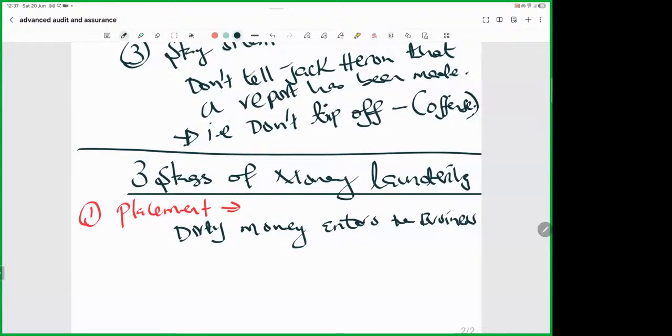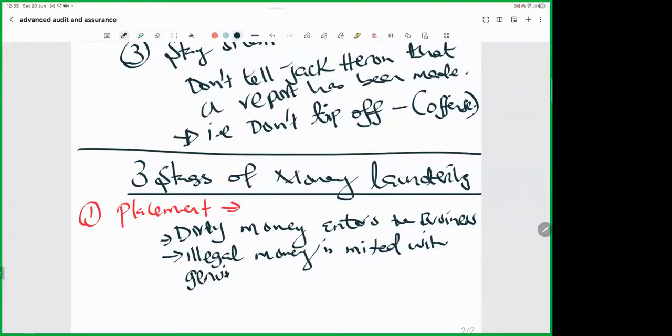So this dirty money is placed in the business. In short, illegal money is mixed with genuine money. This was a restaurant, with genuine restaurant cash.